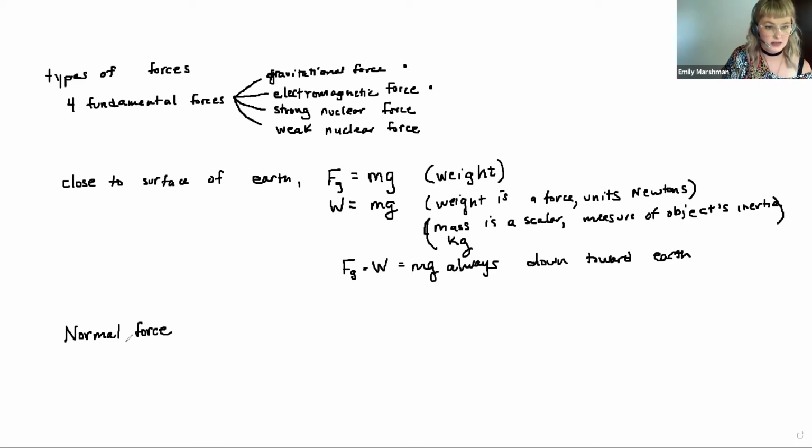Now, in physics, normal doesn't mean regular. It means perpendicular. So this force always points perpendicular to the surface.